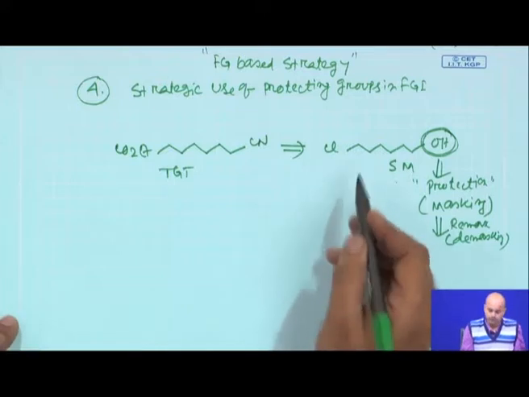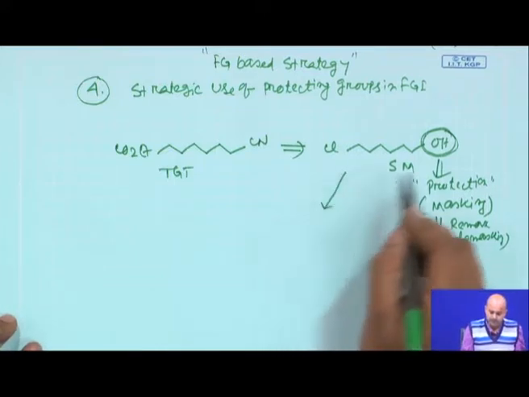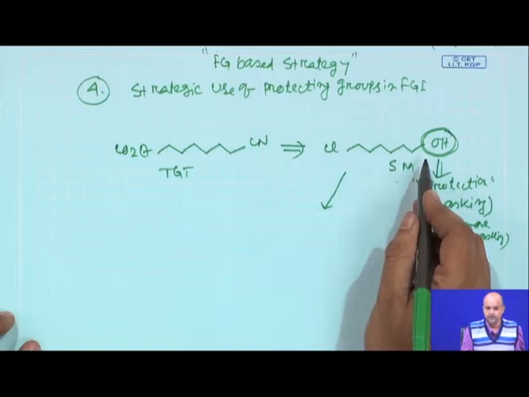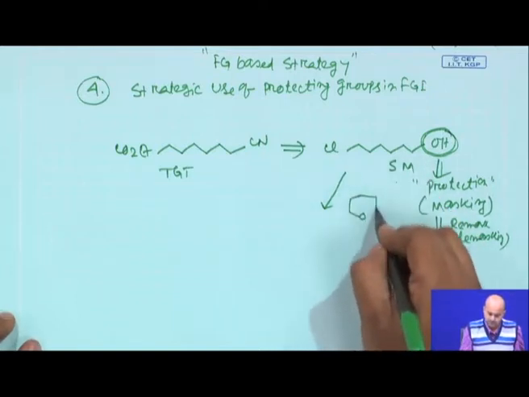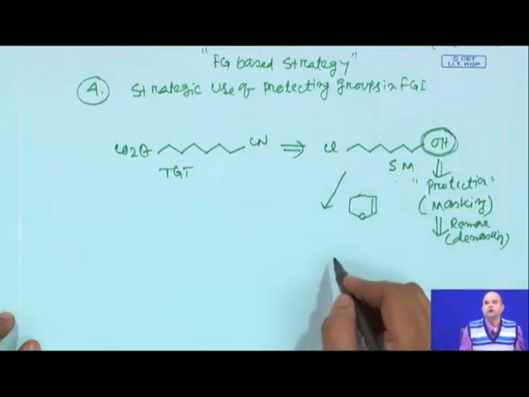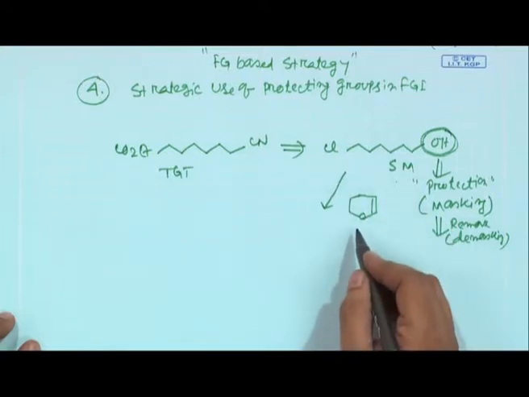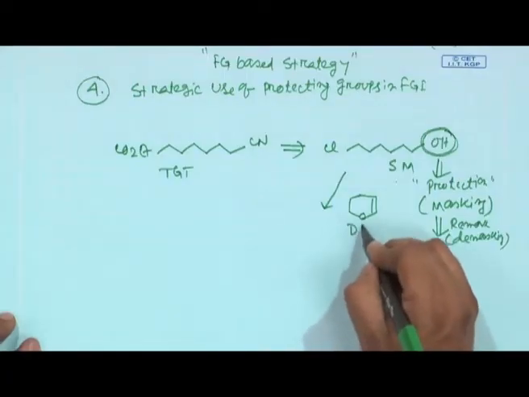Now, coming to this particular problem, the alcohol is free, so you need to use a protecting group. Now, alcohols are normally protected as the corresponding tetrahydropyranyl ether by a suitable reagent named DHP.